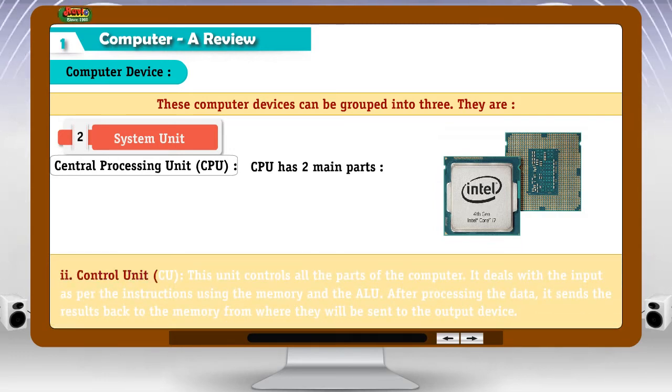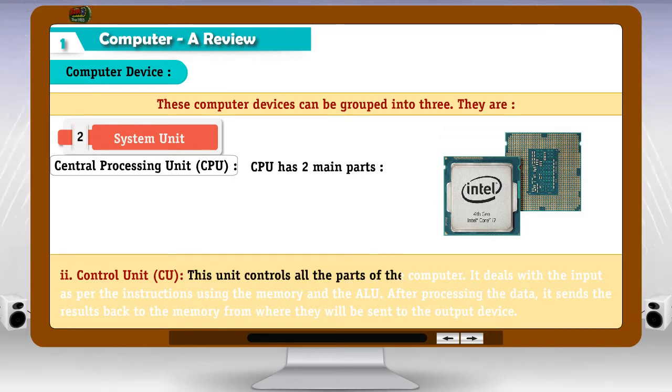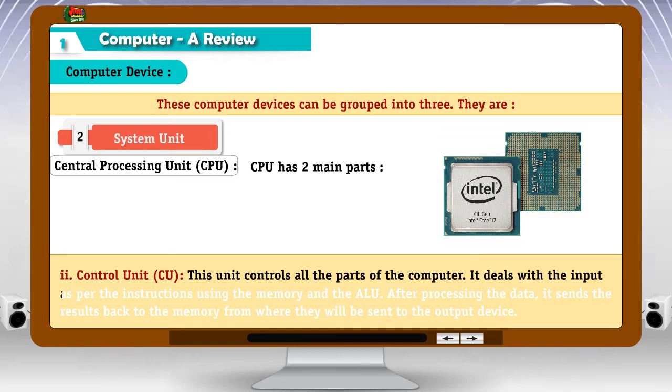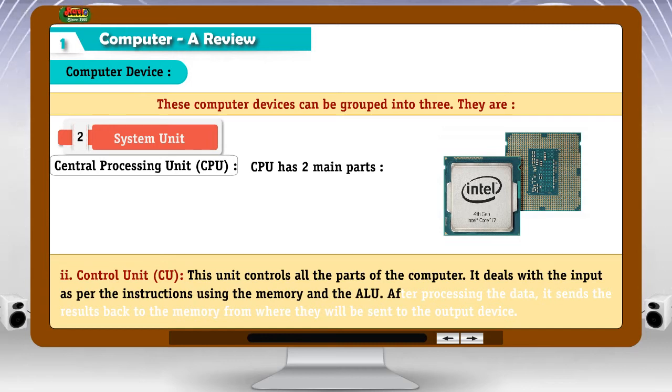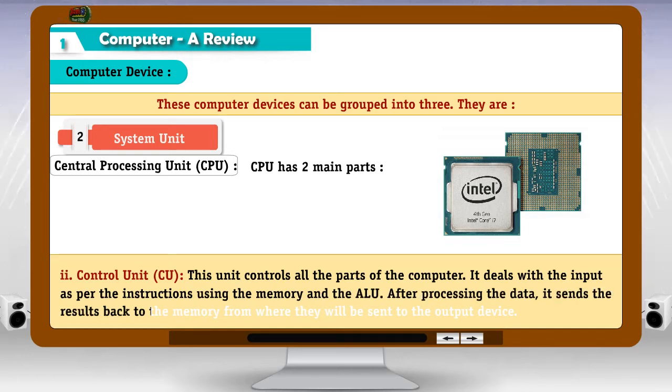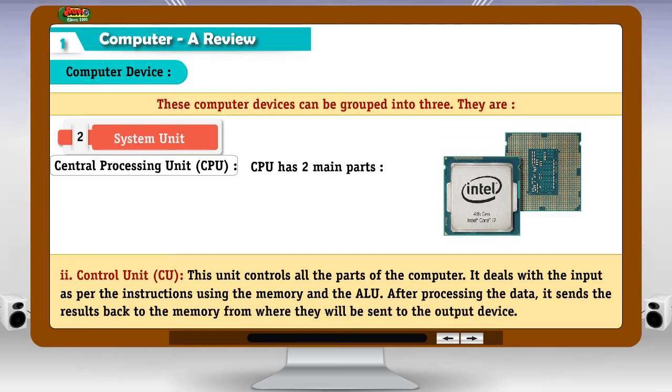Control Unit CU. This unit controls all the parts of the computer. It deals with the input as per the instructions using the memory and the ALU. After processing the data, it sends the results back to the memory from where they will be sent to the output device.